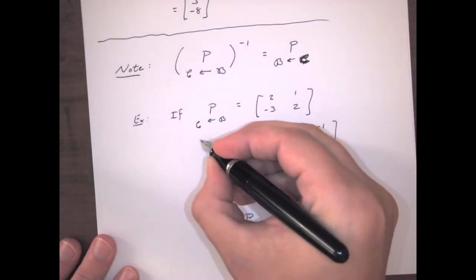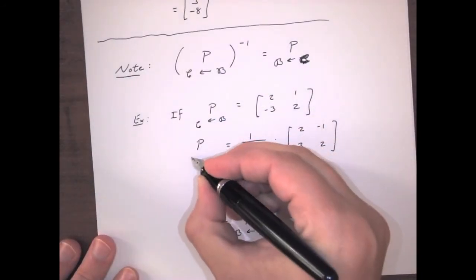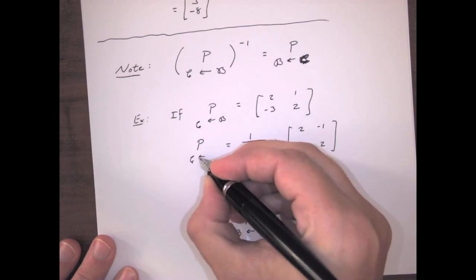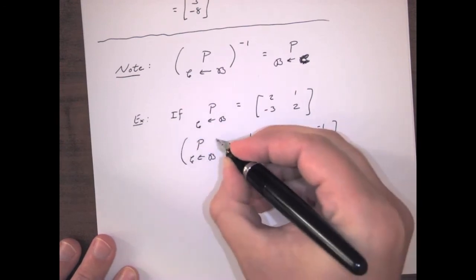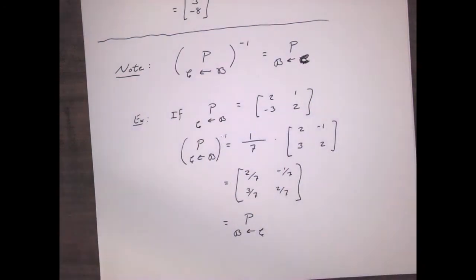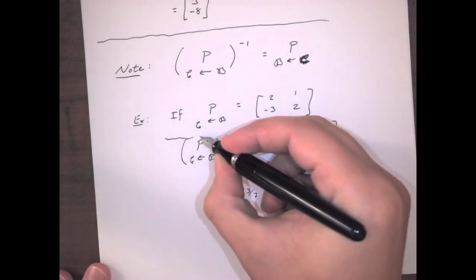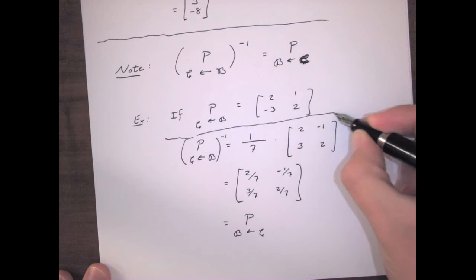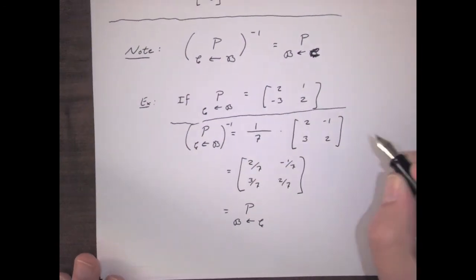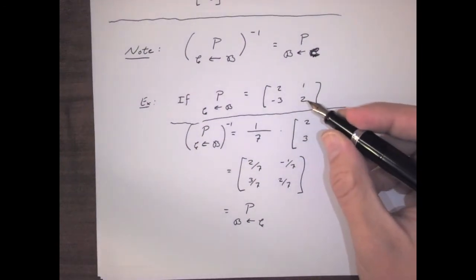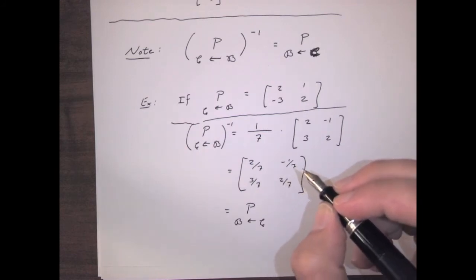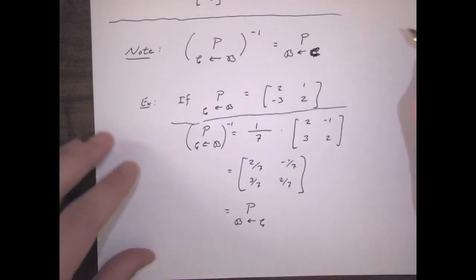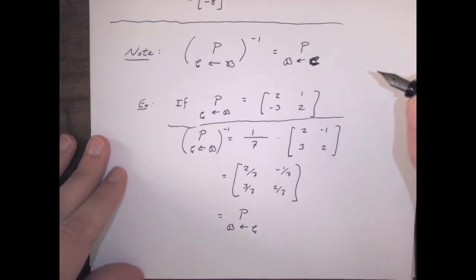Oops, sorry. Then what I meant to say here was P inverse. So if this is the matrix that takes you from one basis to another, its inverse takes you from the other basis to the one. So there's that.